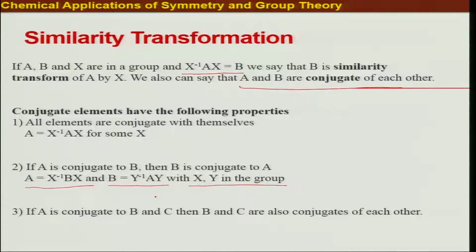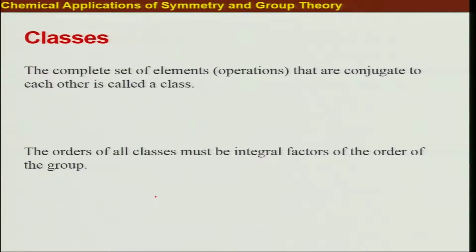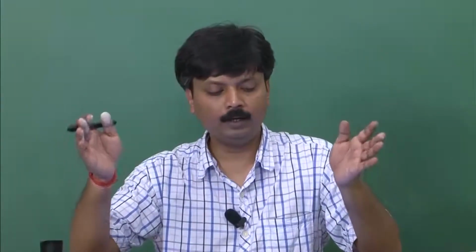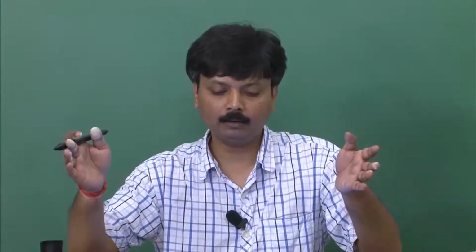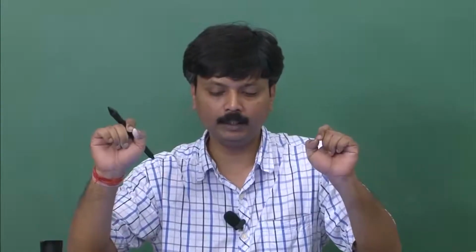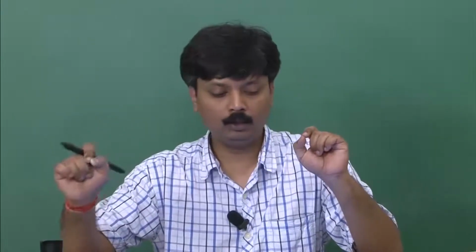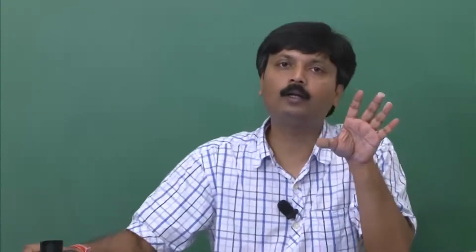Now, if you take any particular group and perform a similarity transformation on all the elements, then if you find the complete set of elements, which are symmetry operations here in case of point group, that are conjugate to each other, that complete set is called a class.